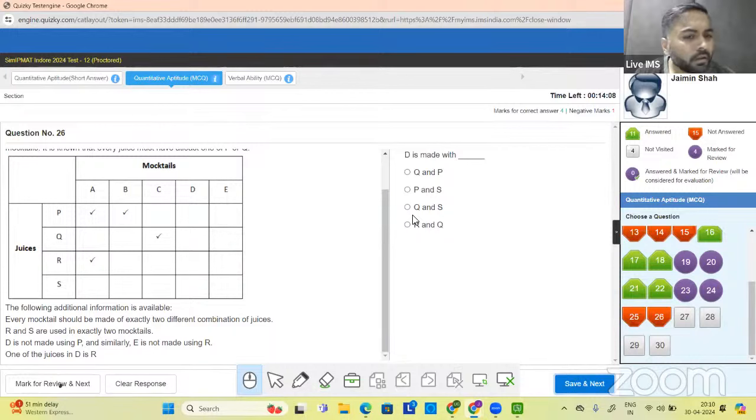ठीक है, R and S are to be used in exactly 2 mocktails. So R and S को we have used exactly 2 mocktails.